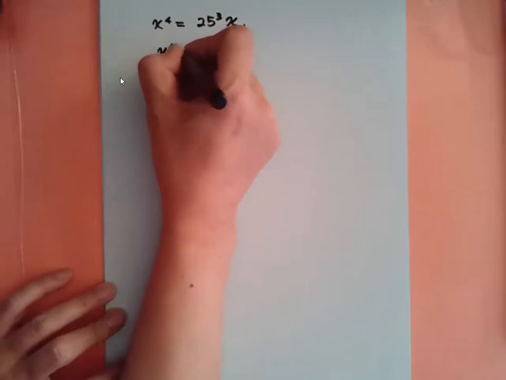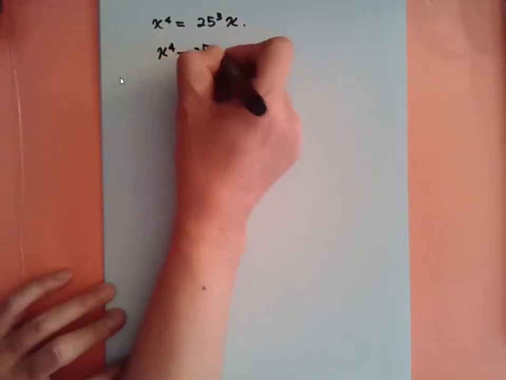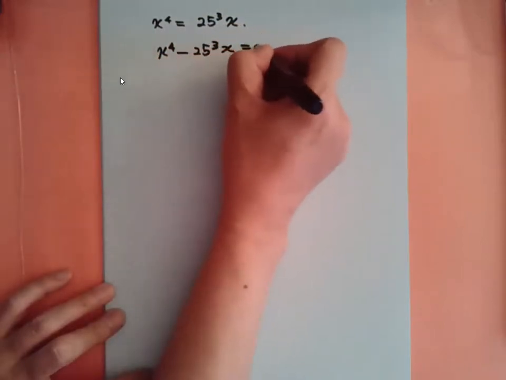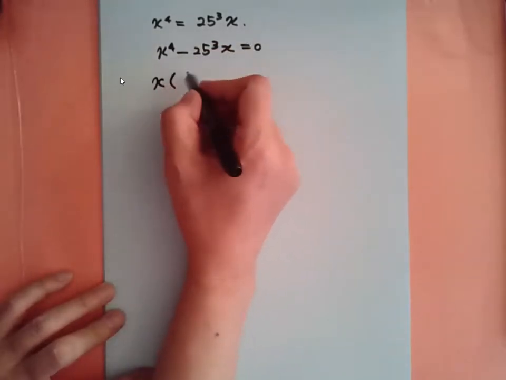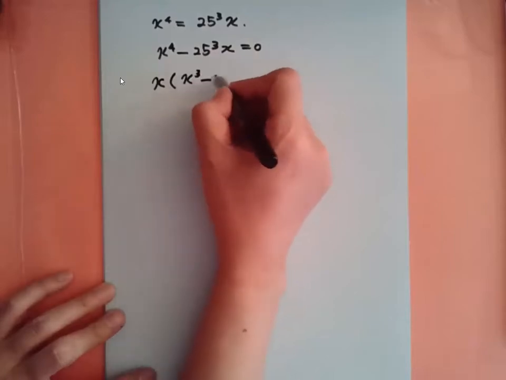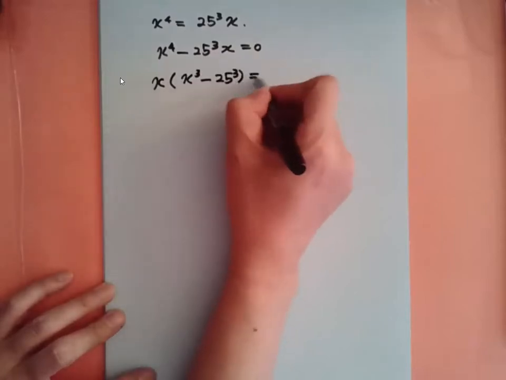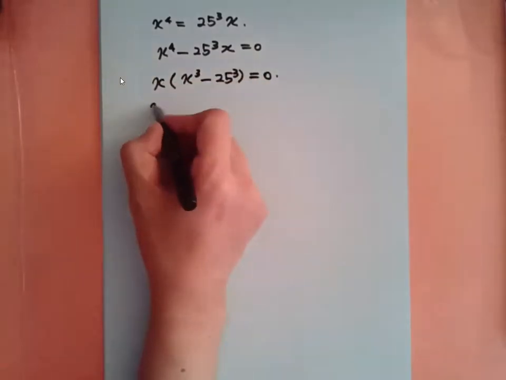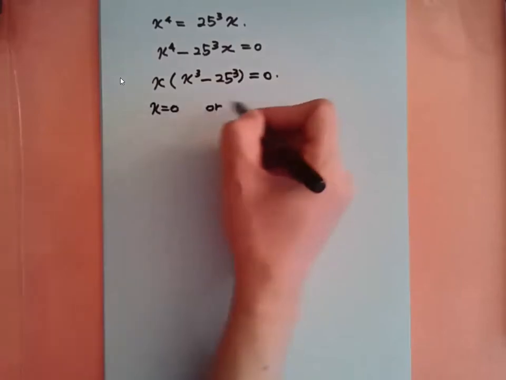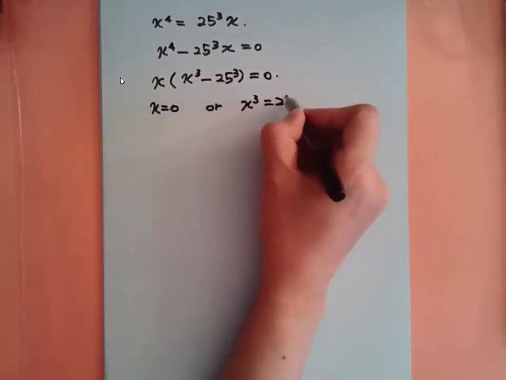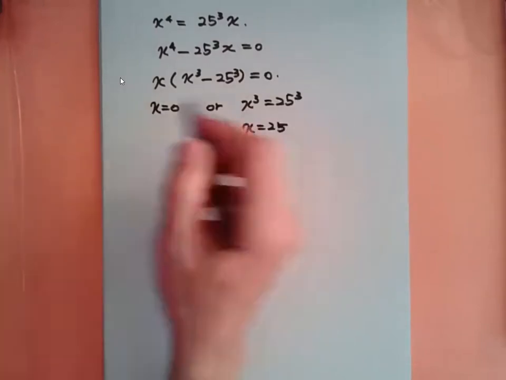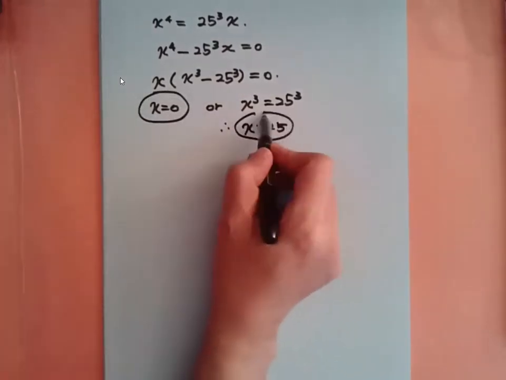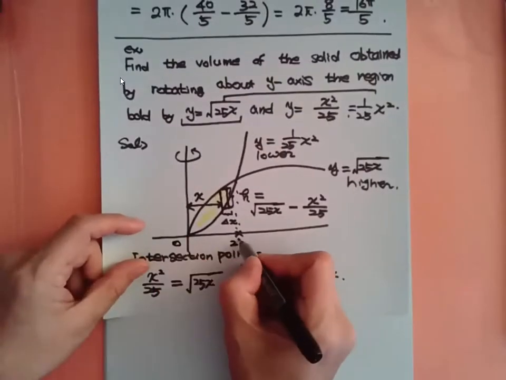So x to the 4th power minus 25 cubed x equals 0. x is the common factor, so x cubed minus 25 cubed equals 0. So x equals 0, or x cubed equals 25 cubed, which means x equals 25. So intersection points are 0 or 25. So here 0, this is 25.